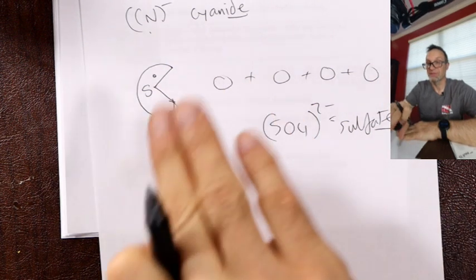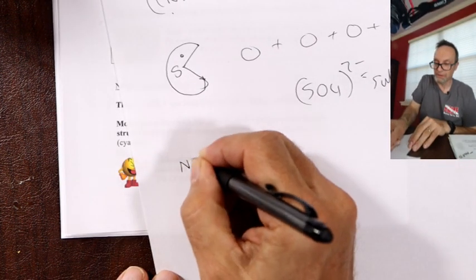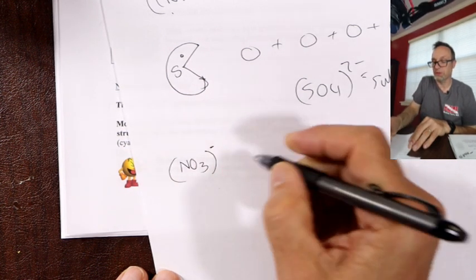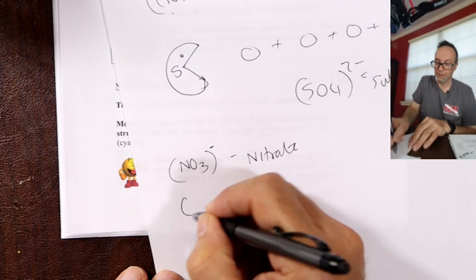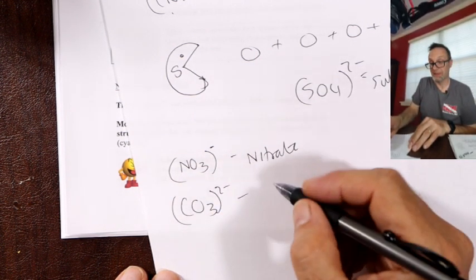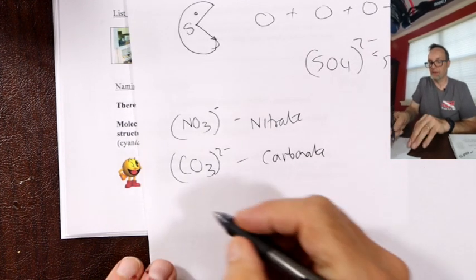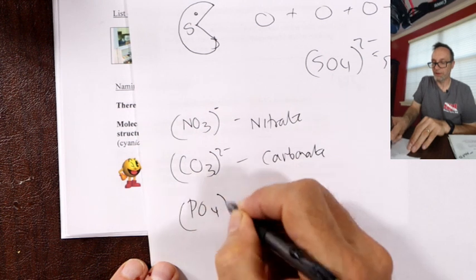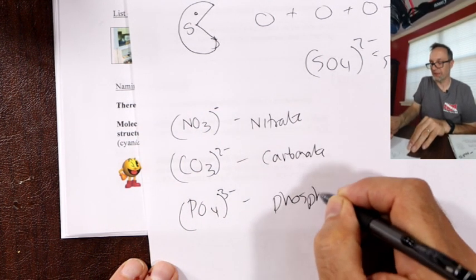Sulfur 8 oxygen, right? Okay, so if we look at the others, we've got NO3, that's a molecule with a minus charge. Nitrogen 8, nitrate. We have CO3 2 minus, carbon 8, carbonate ion. PO4 3 minus, that's phosphorus 8, or just phosphate.